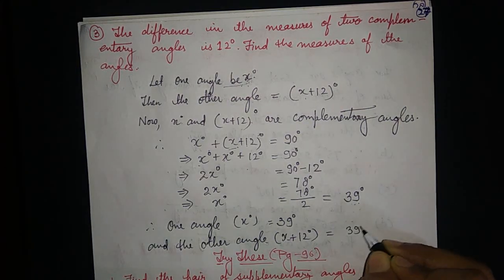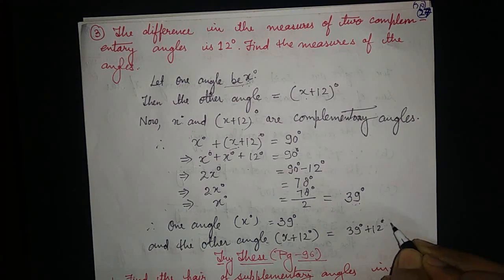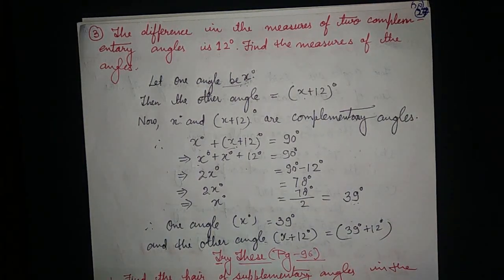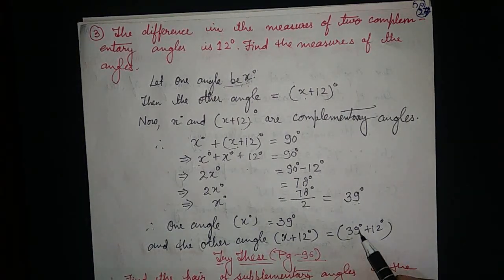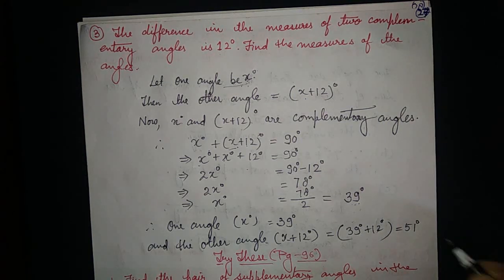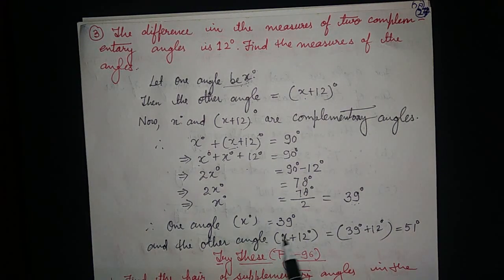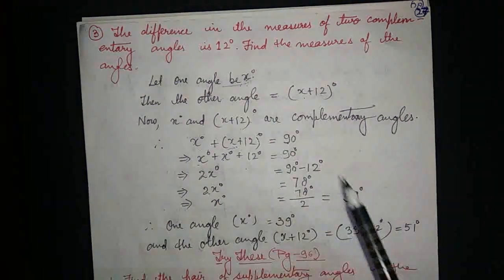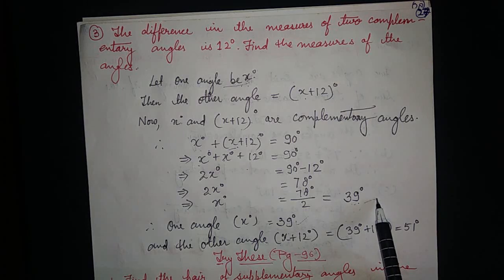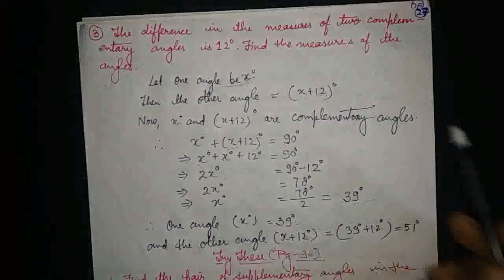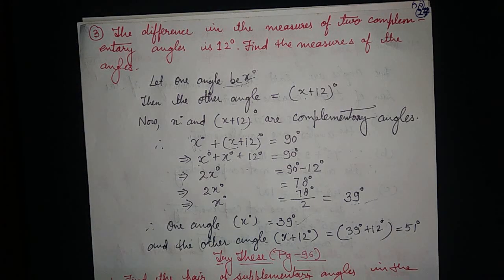Here 39 degree plus 12 degree: when we add 39 degree and 12 degree, we get 51 degree. So you can see the measure of one angle is 39 degree, and the measure of the other angle, x plus 12 degree, is 51 degree.